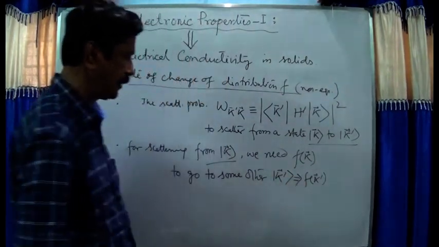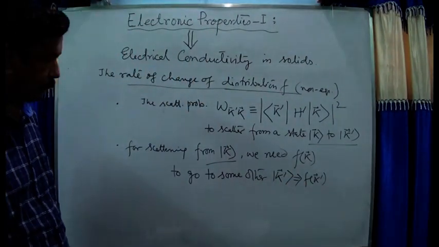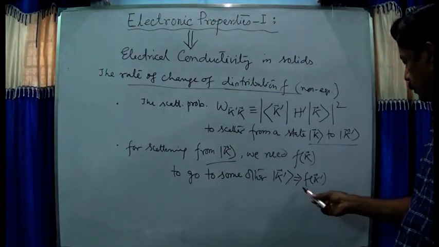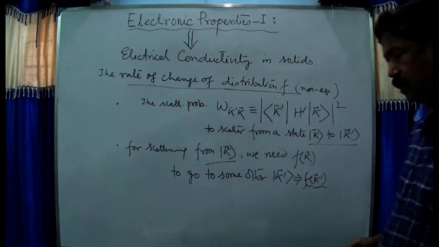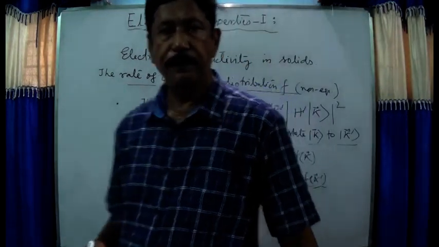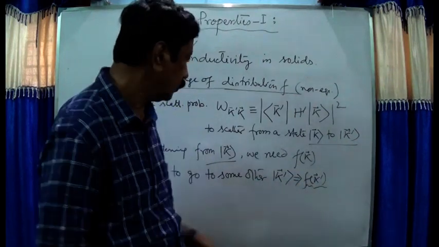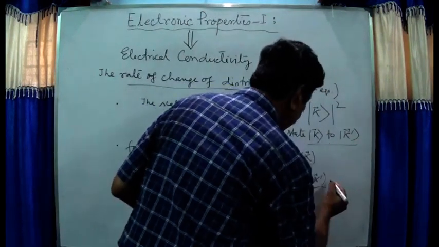We need fk prime. But mind it that fk prime is the number of particles that are occupied. So it indicates the occupancy.